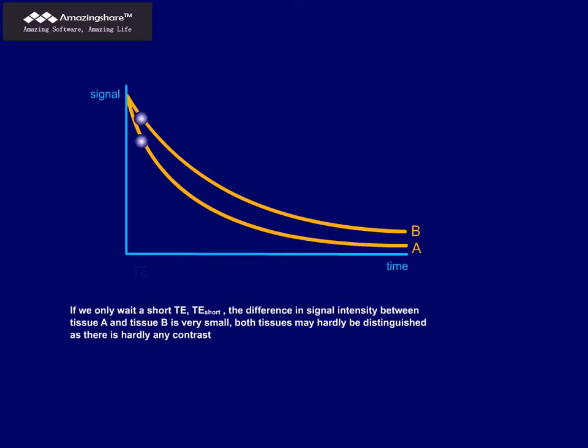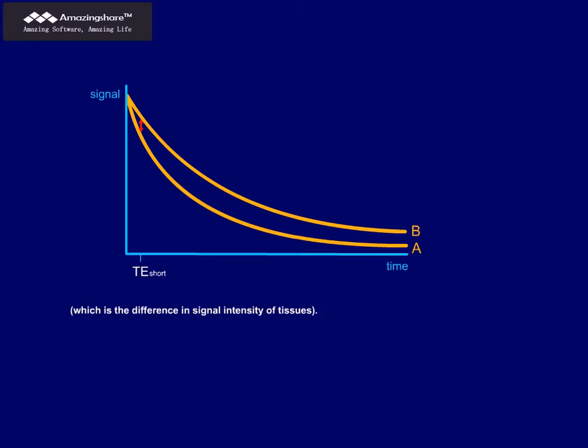If we only wait a short Te, Te short, the difference in signal intensity between tissue A and tissue B is very small. Both tissues may hardly be distinguished, as there is hardly any contrast, which is the difference in signal intensity of tissues.